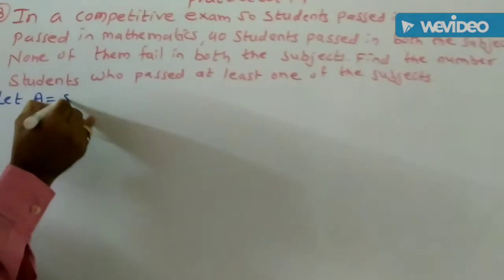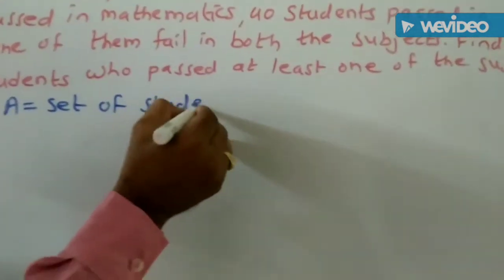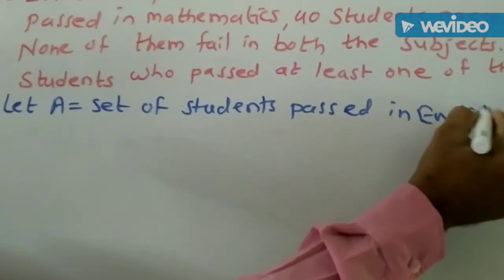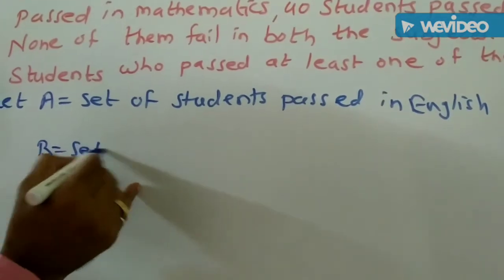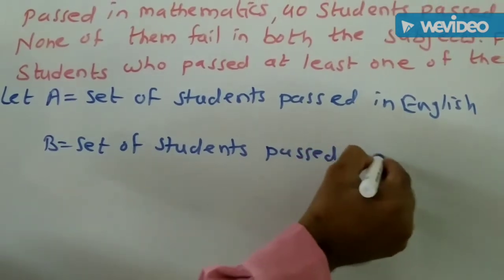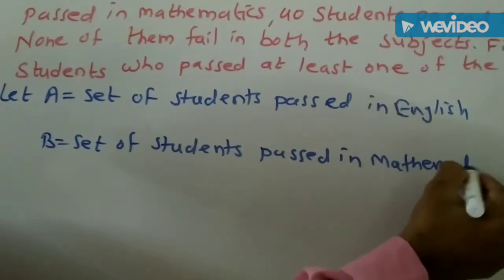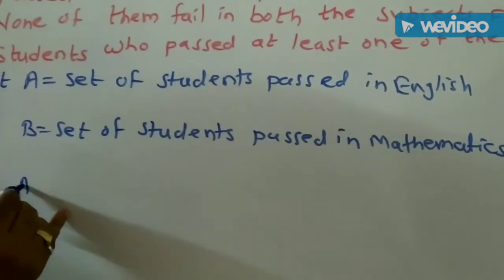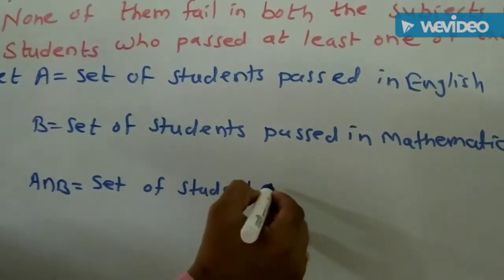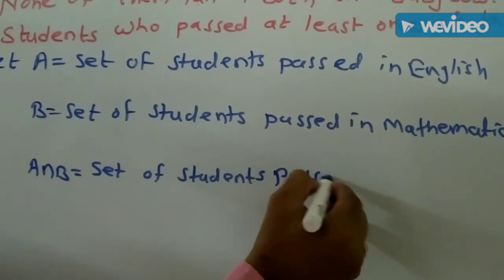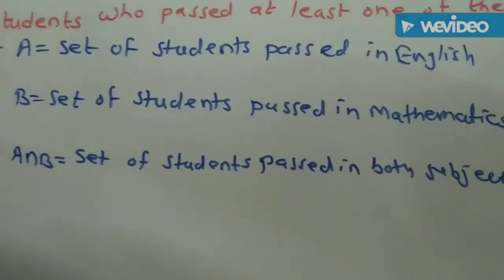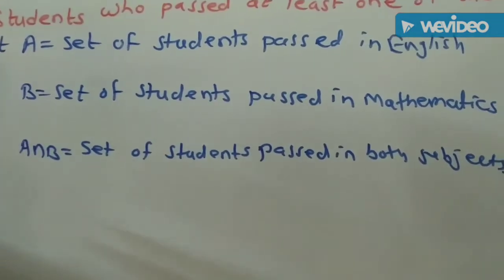Therefore we consider A as the set of students passed in English, B is the set of students passed in mathematics, A intersection B is the set of students passed in both the subjects, and then we have to find the students who passed at least one of the subjects.